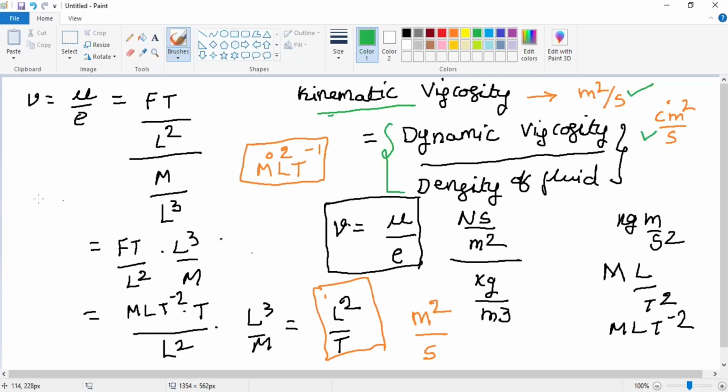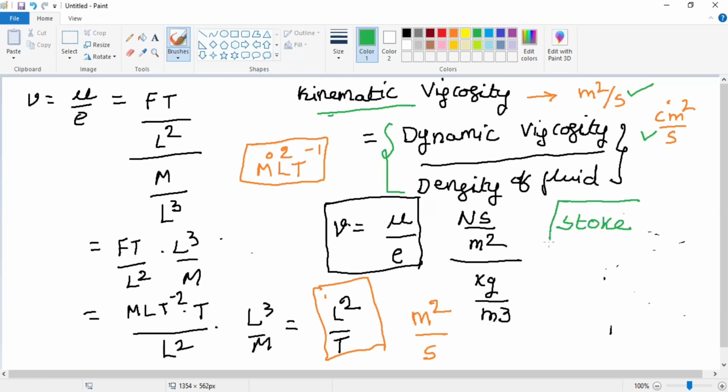Now, there is one more unit for kinematic viscosity. The unit of dynamic viscosity is the poise, whereas for kinematic viscosity there is a special unit called the Stoke. Stoke is the unit for kinematic viscosity. It is also an important competitive examination question.